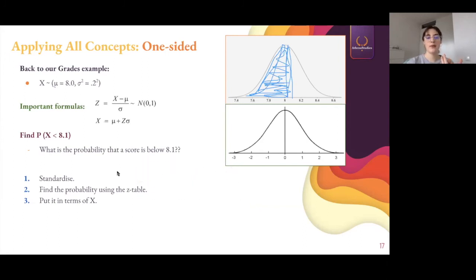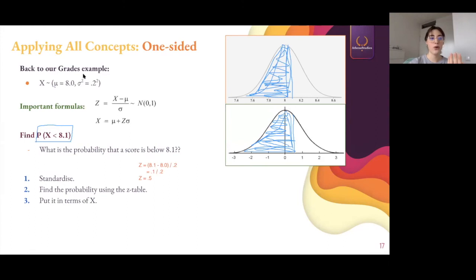So we have z equals 0.5. If we drew that on the standard normal distribution, we see that 0.5 is somewhere right here. The probability that z is less than 0.5 is the same thing as saying the probability that x is less than 8.1. They're the exact same thing, except one is standardized and one is not.